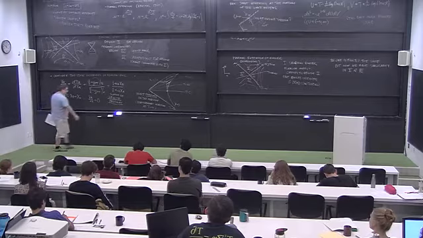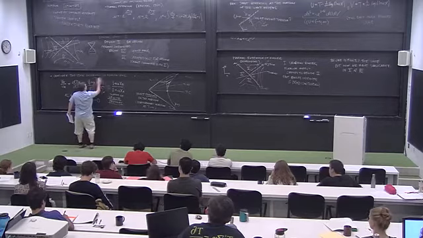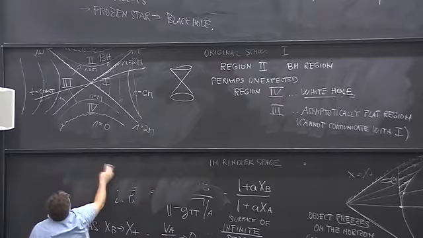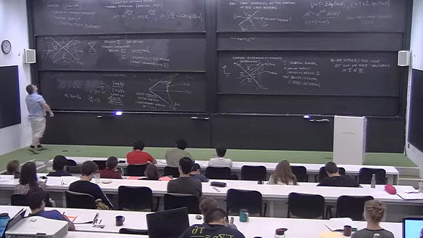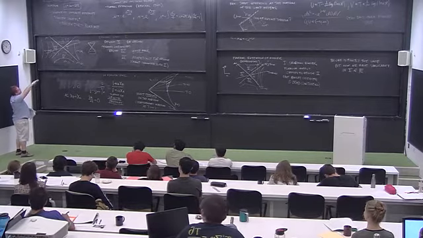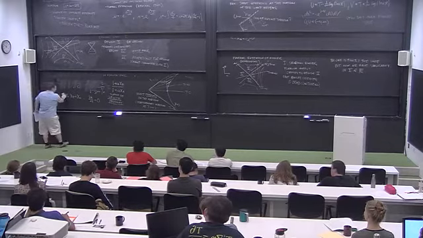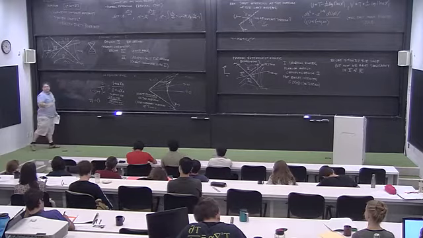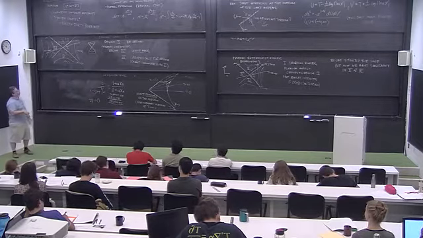Okay, now we understand the black holes. There's one more funny feature, which is if you look at this diagram and look at the t equal to constant line, that's precisely the slice which I drew here. So the t equal to constant slice penetrates both region 1 and region 3.